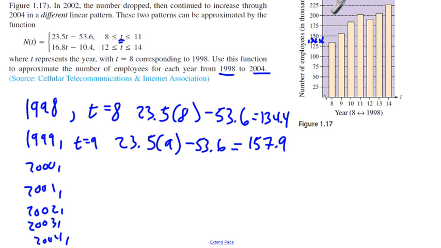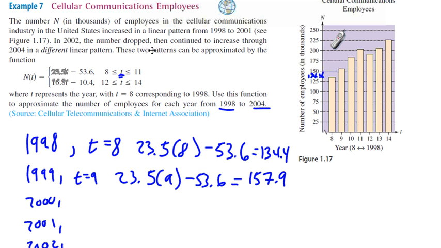Let me just make one note real quick. I'm going to just put the answers. I'm not going to do all this work right here because it's very easy. All you do is plug it in. Notice what happens after 2011.